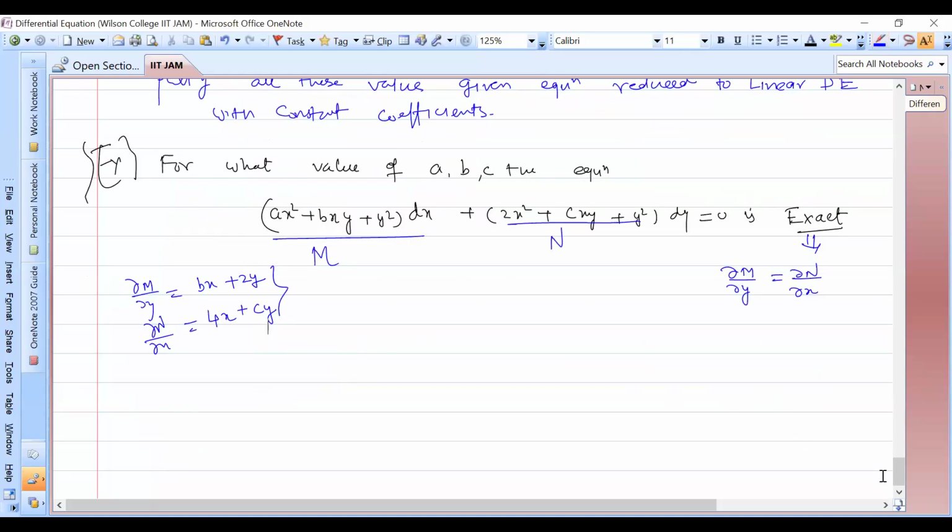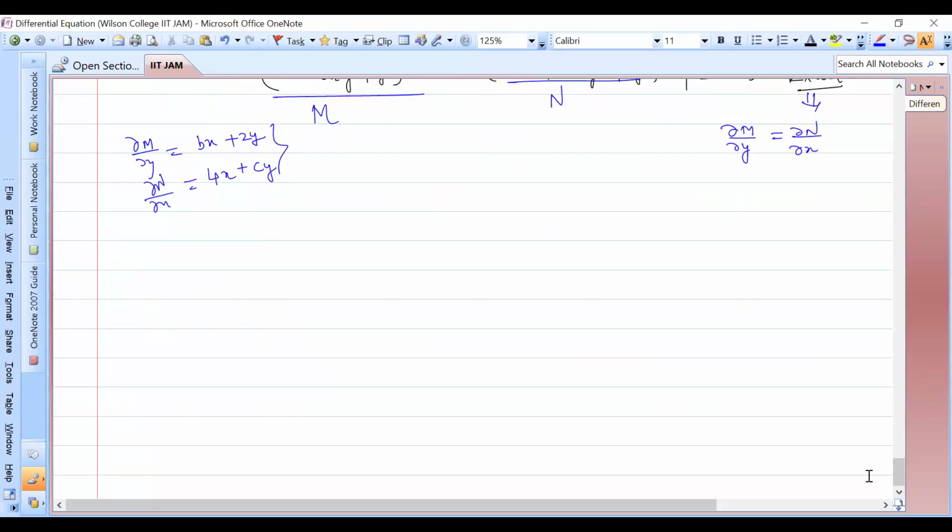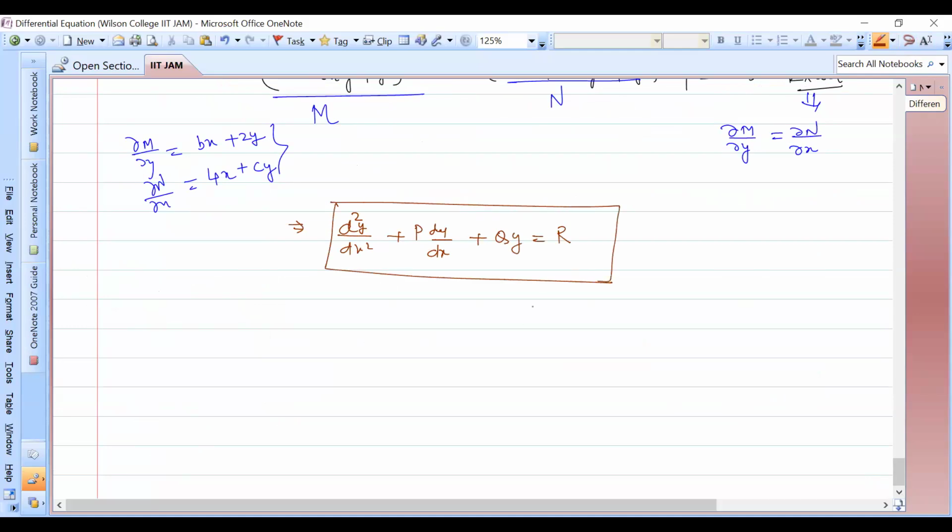See, in higher order differential equations, suppose d2y by dx2 plus p dy by dx plus qy equals r. This is a second order differential equation where p and q are constants. So how to solve it?